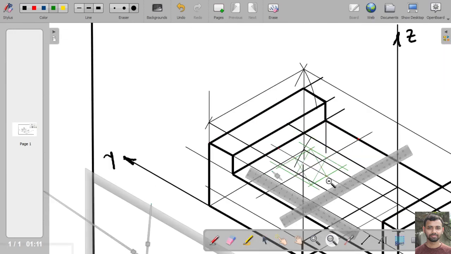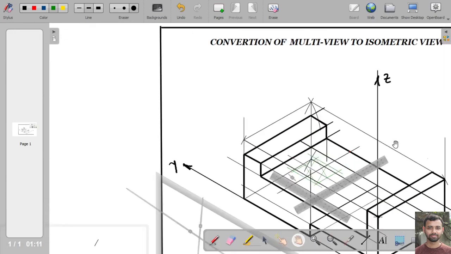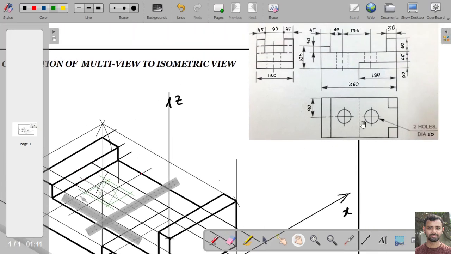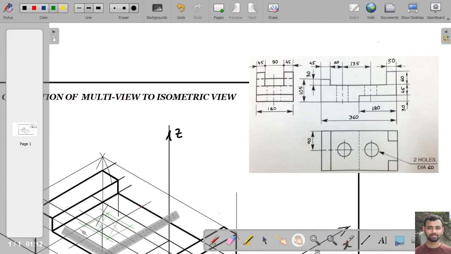So what we can do, we can do one thing. We can increase the diameter of these holes. So let the diameter of the hole, instead of 60, suppose we are taking it as 80.